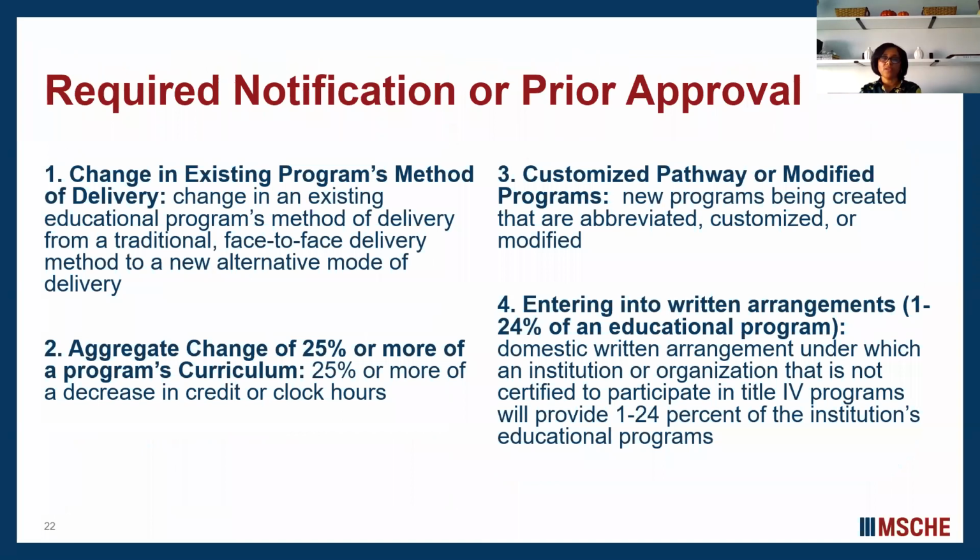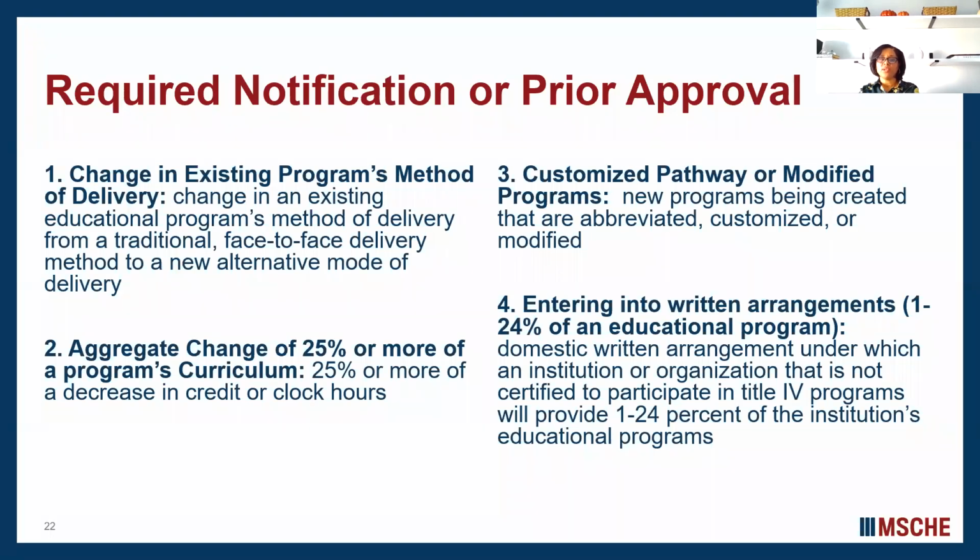The first is a change in existing program's method of delivery. And that's defined as a change in existing program's method of delivery from a traditional face-to-face delivery to a new alternative mode of delivery. For example, if you would like to change a traditional program to a distance education program, that will have to be reported to us.